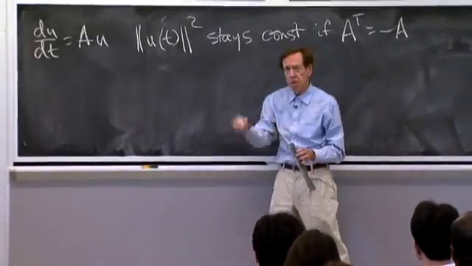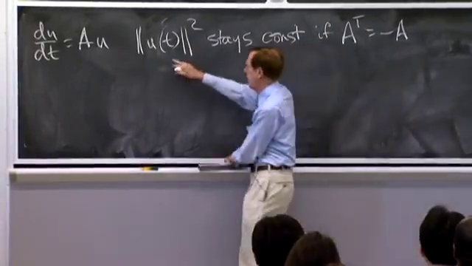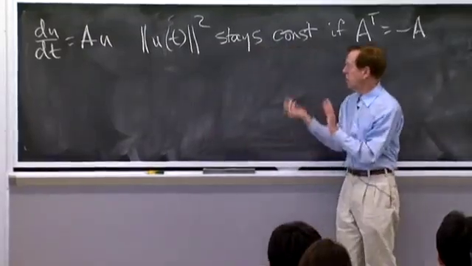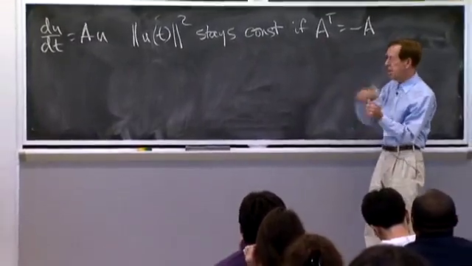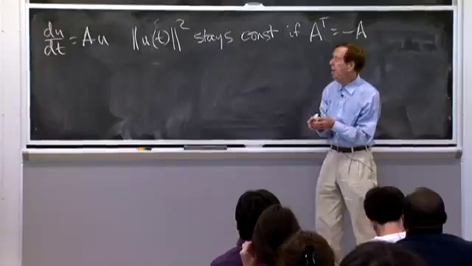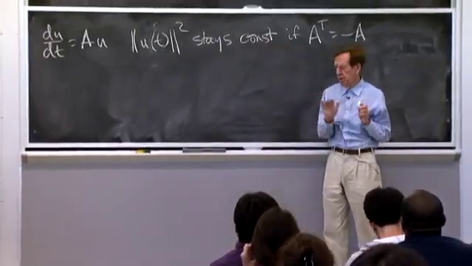It's got two terms because we've got a product, a product rule. One term will involve A, the other term will involve A transpose. And if our matrix has this anti-symmetric property, those terms will cancel. The derivative will be 0, and that'll mean that this is a constant. Okay, so that's the differential equation.